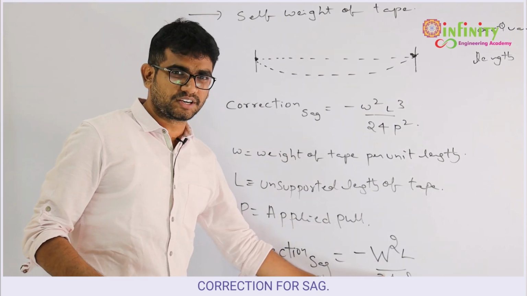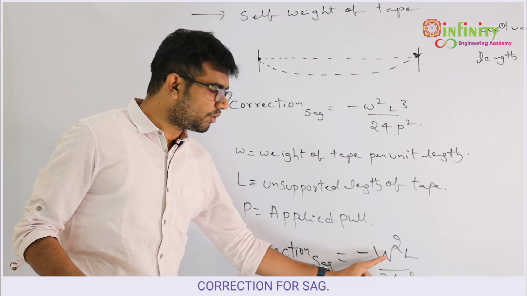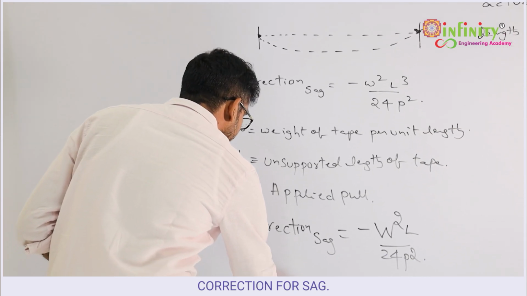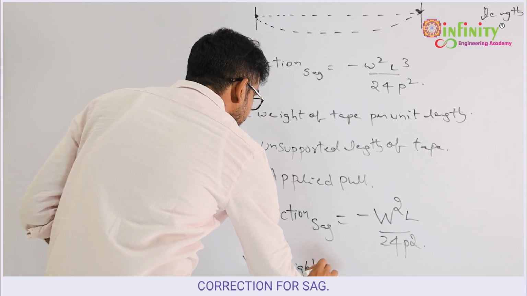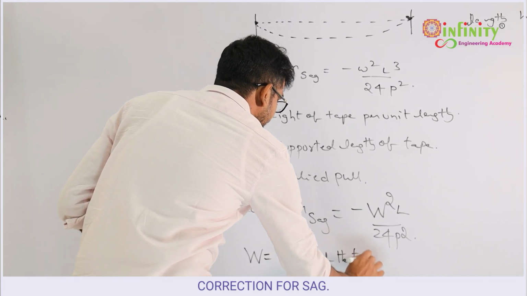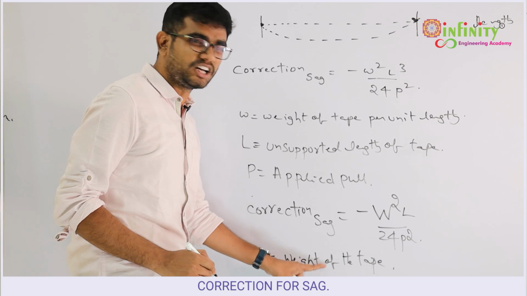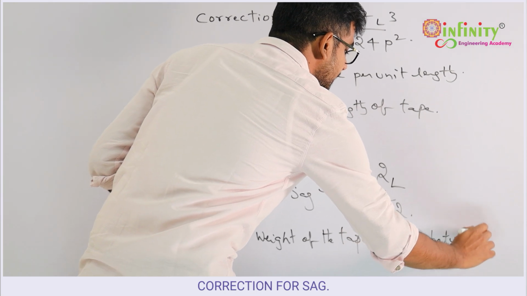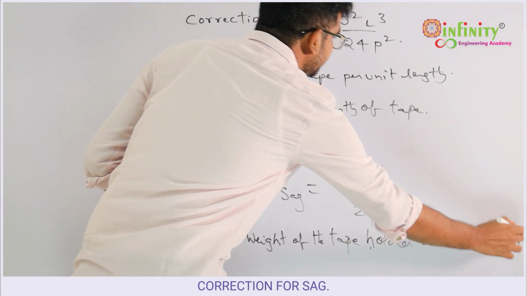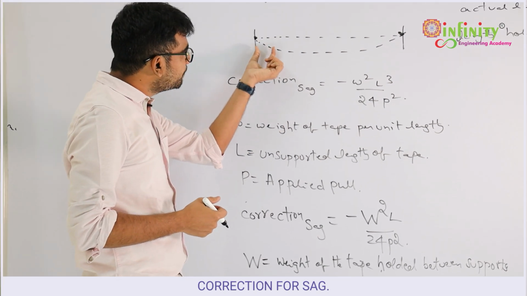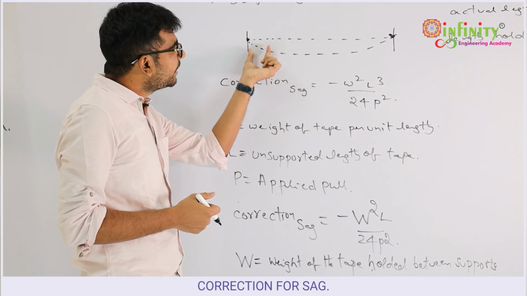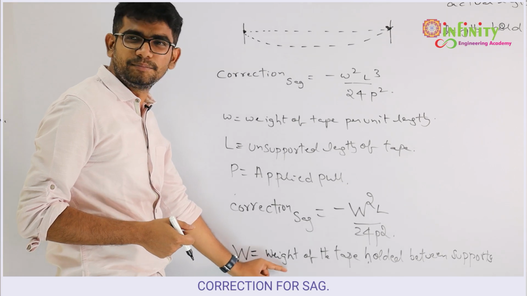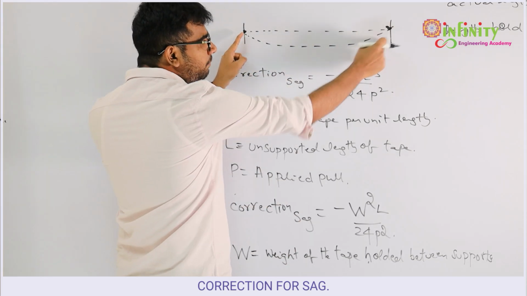Here, the capital W is the weight of the tape held between the supports. In the earlier formula, small w is the weight of the tape per unit length, maybe for 1 meter or 1 centimeter. But the W I have written here is the weight of the tape held between the supports, that means the whole weight of the tape up to this point.